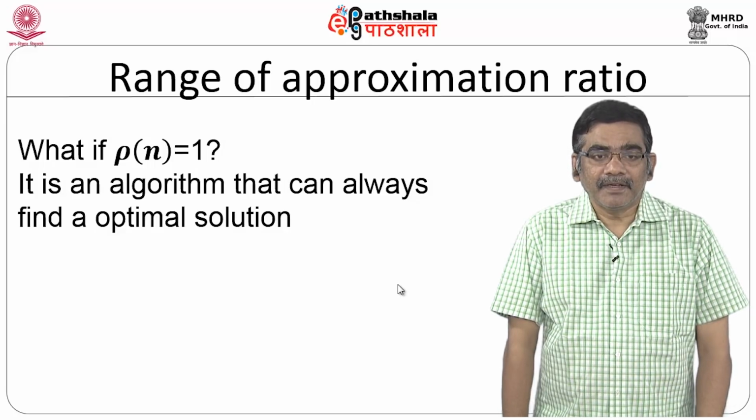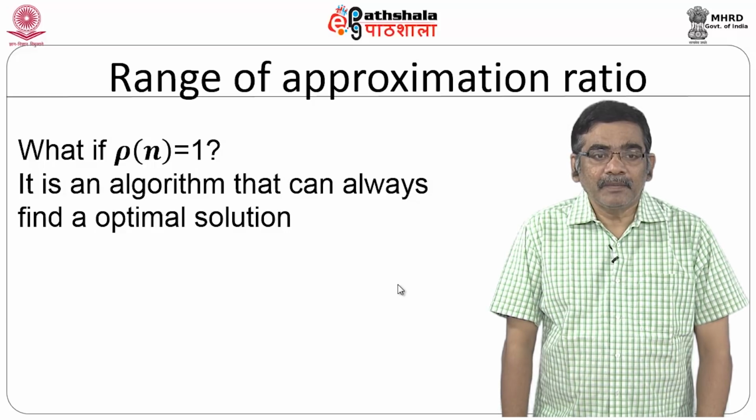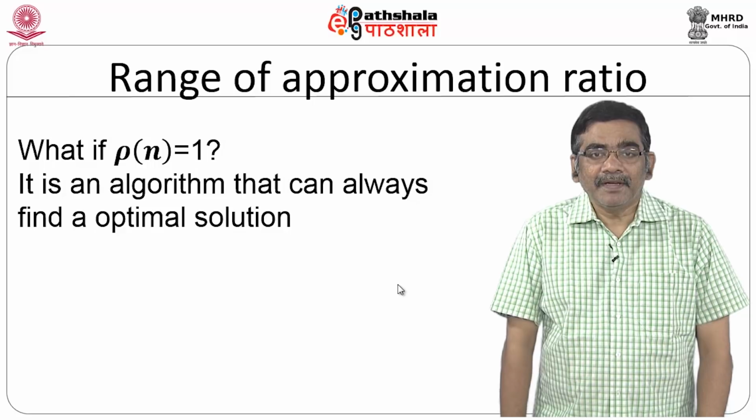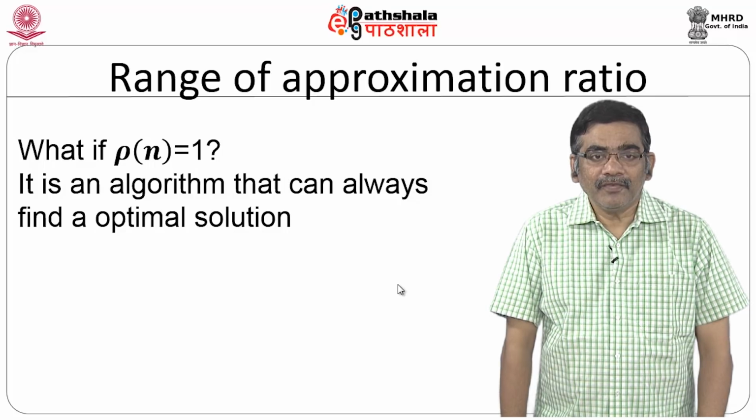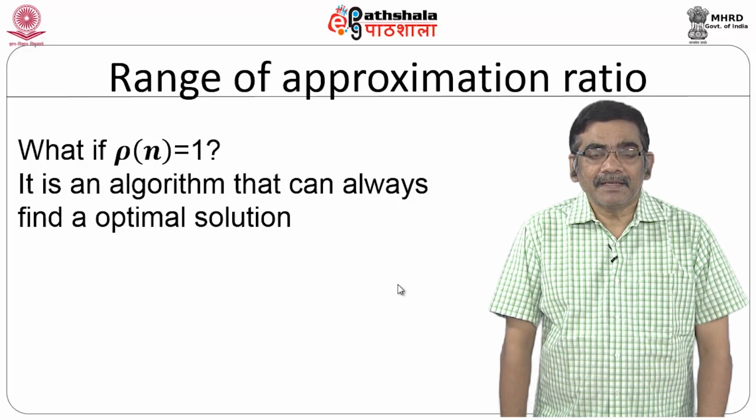What is the range of this? If rho of n is 1, then the algorithm always finds the optimal solution, and if it moves away from 1, that is the approximation under which the algorithm works.